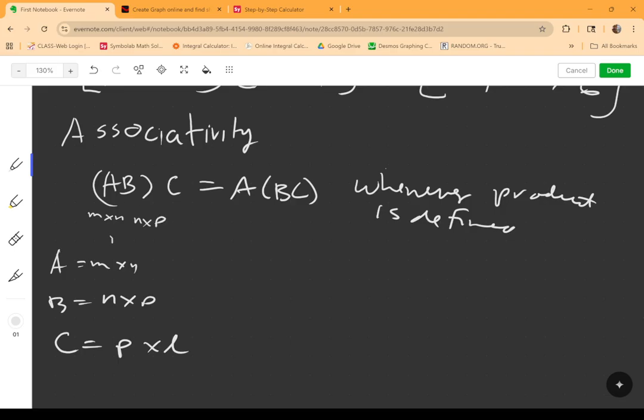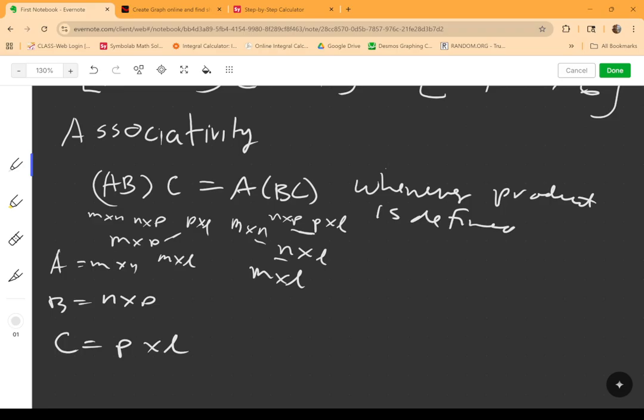This resulting matrix would be M by P, and then C is a P by L, so the resulting matrix, since these are the same, is M by L. On the right, B times C is N by P times P by L. These are the same, so the resulting matrix is N by L, and A is M by N. The inner ones match, so the outer ones give us an M by L matrix.